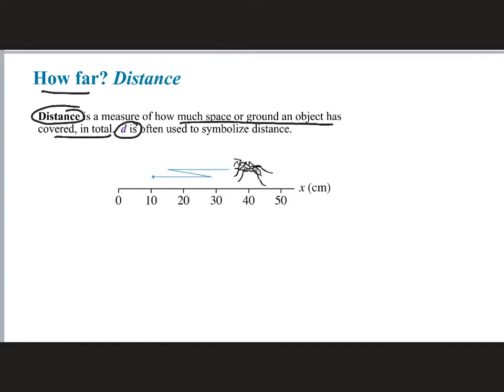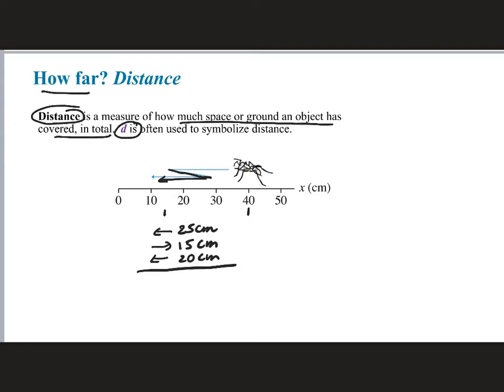And here's a great example to illustrate distance. Here we have an ant that's starting at a position of x equals 40, and it moves to the left to a position of x equals 15. And so it travels to the left a distance of 25 centimeters. After that, it comes back another 15 centimeters to x equals 30, and then it goes back in the other direction again to x equals 10, so it moves another 20 centimeters to the left.